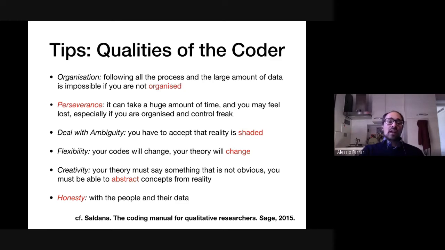You need to be creative and have a strong ability of abstraction. This is really important, because, as I said, your theory may also say something that is trivial or obvious, but it is more relevant, from a research standpoint, that the theory says something that is not too straightforward.